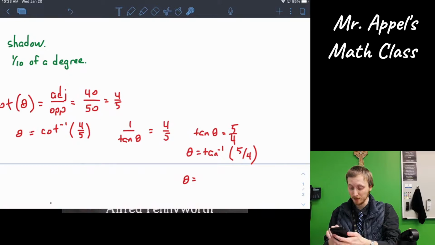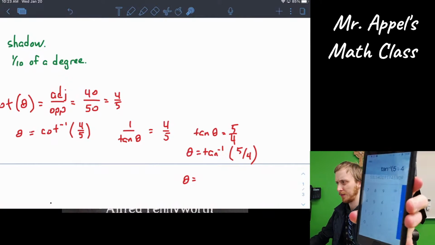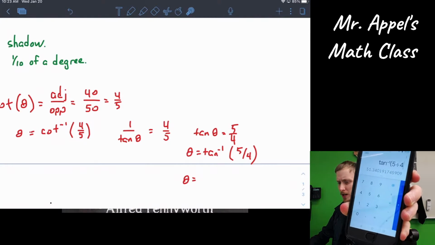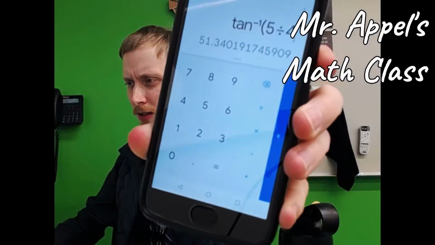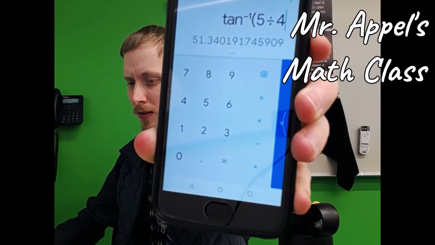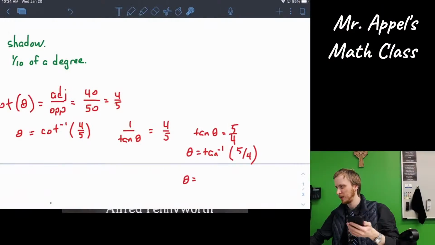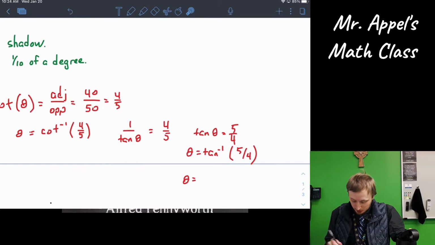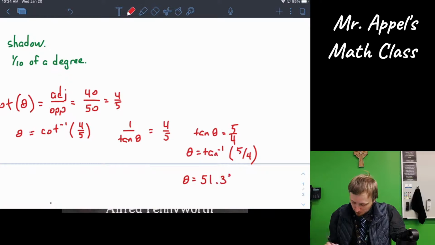Type it out first: inverse tan 5 divided by 4. There you go. See, it even works on the phone. So we get an angle of 51.3 degrees.